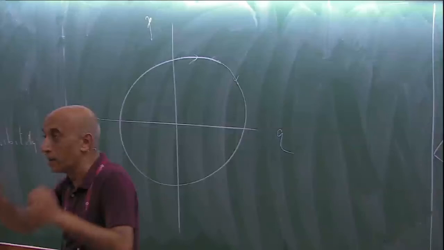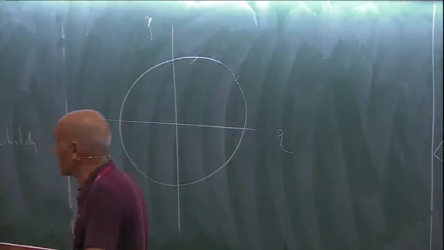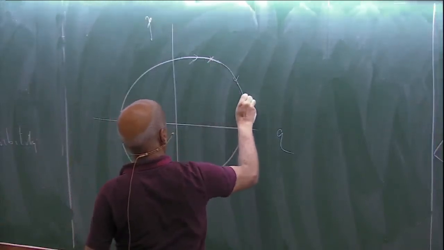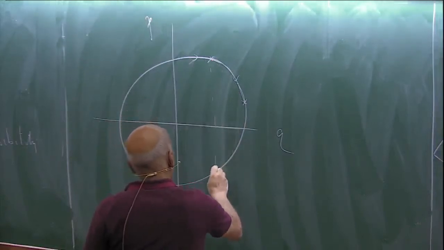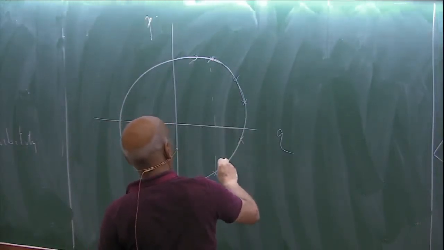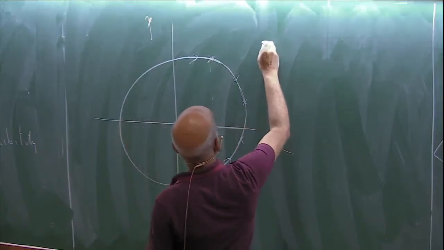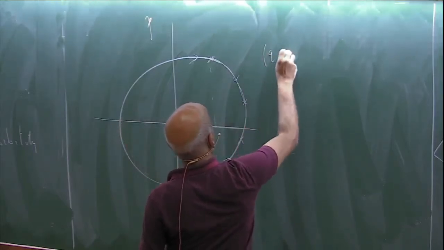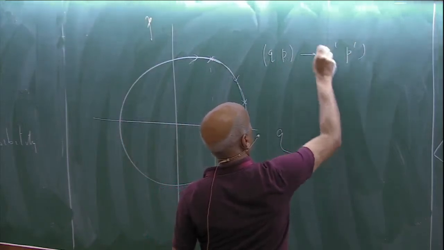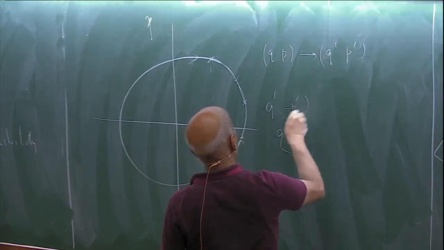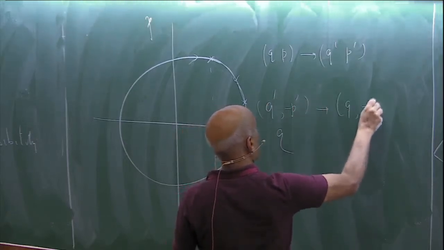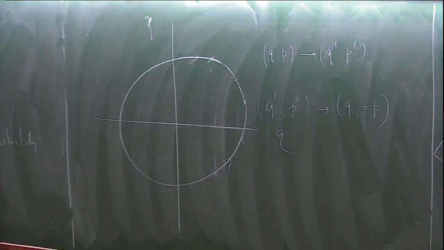Time reversal invariance for a problem with a position and a momentum means the probability of going from Q, P to Q prime, P prime is related to the probability of going from Q prime, minus P prime to Q, minus P. So if the degrees of freedom in your problem are some position-like, some momentum-like, you better implement time reversal on all of them.